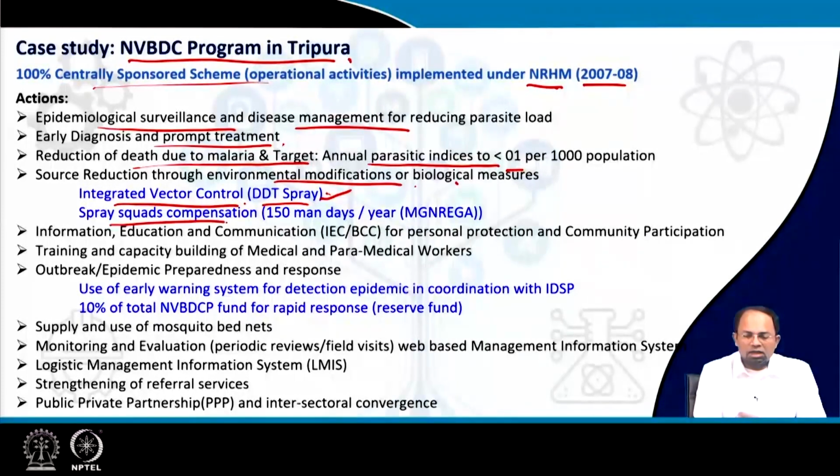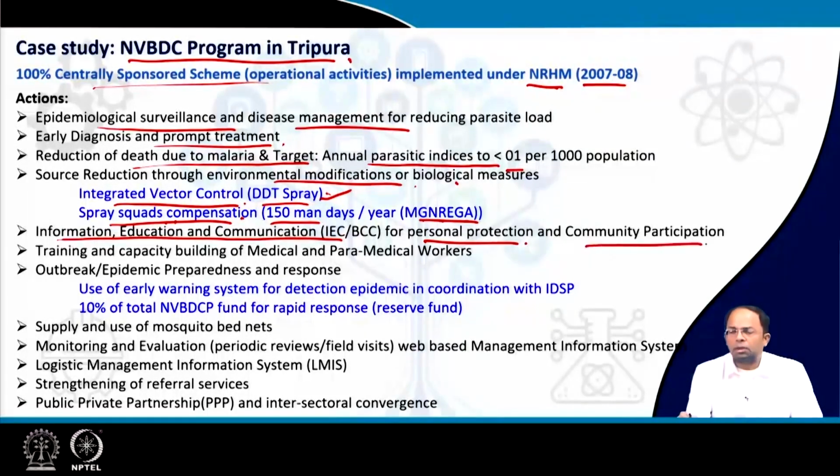Then spray squads were created, and they were compensated from MGNREGA funds, for 150-day mandates per year. As you know, in MGNREGA we can pay that money, so the payment was usually done through that. In addition, information, education, communication and community-level programs were conducted for awareness creation regarding personal protection, like using mosquito nets, as well as community participation in effective measures.